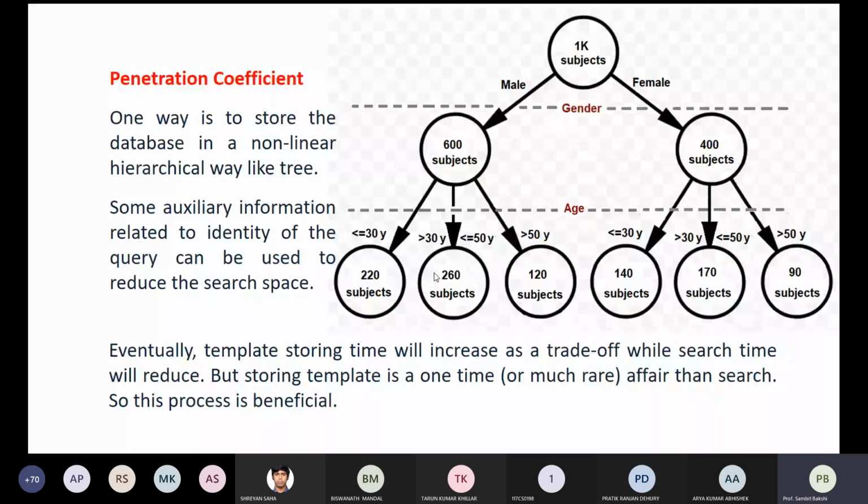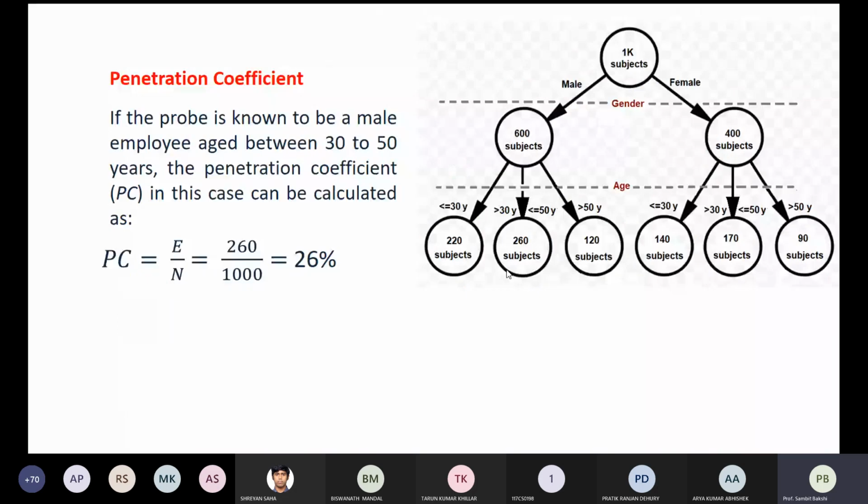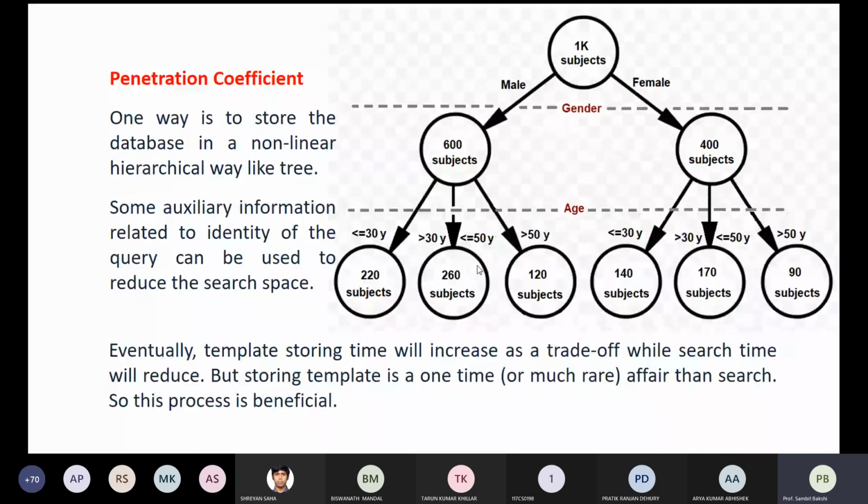And if I know only that the person is male, I will search only 600 subjects rather than 1,000. So if I have some information about the subject, like gender or age, I can reduce the searching complexity and searching time.